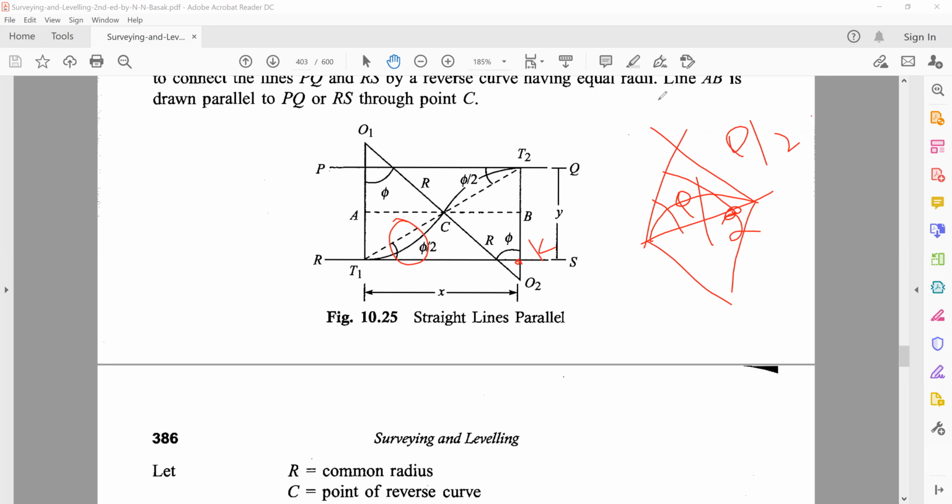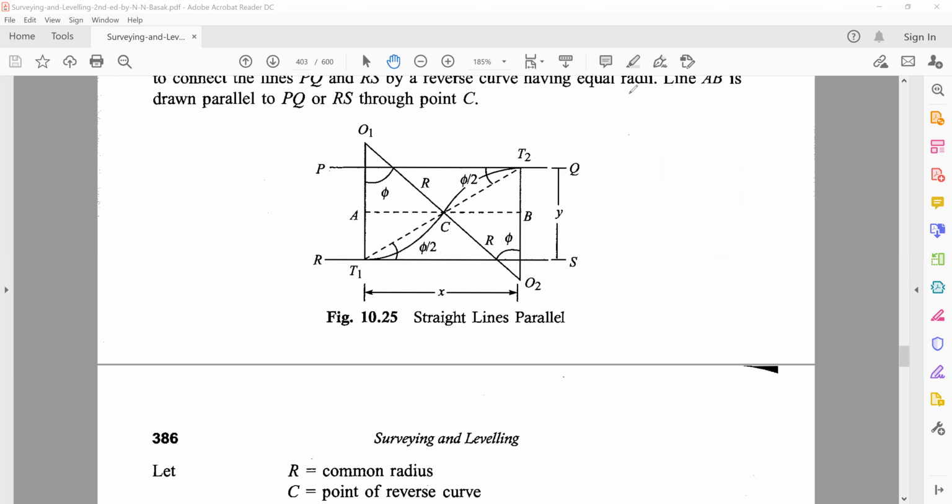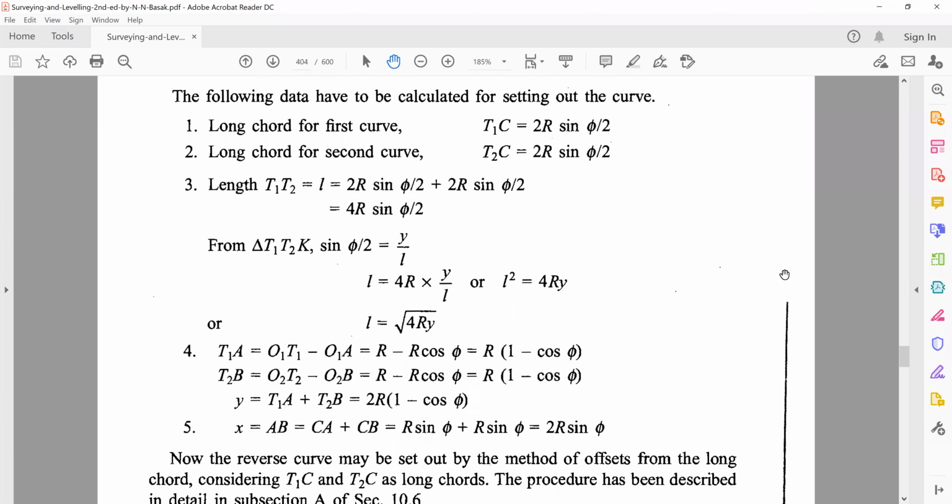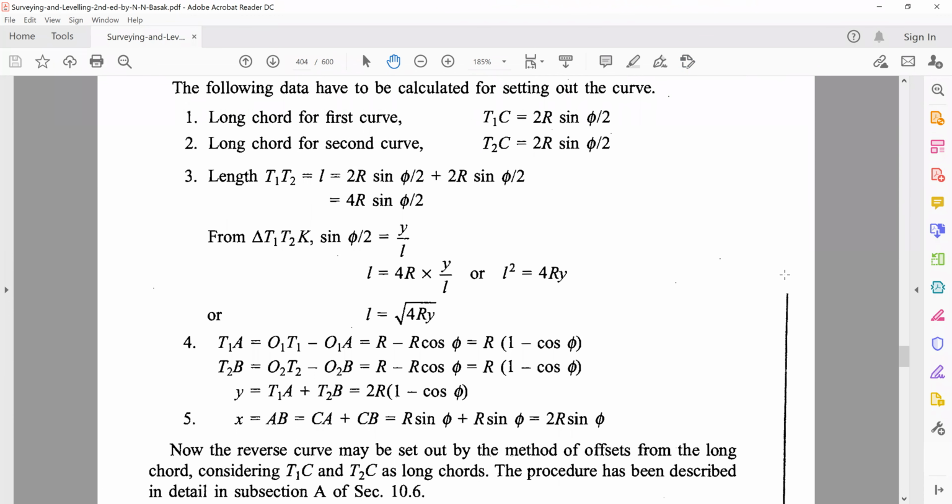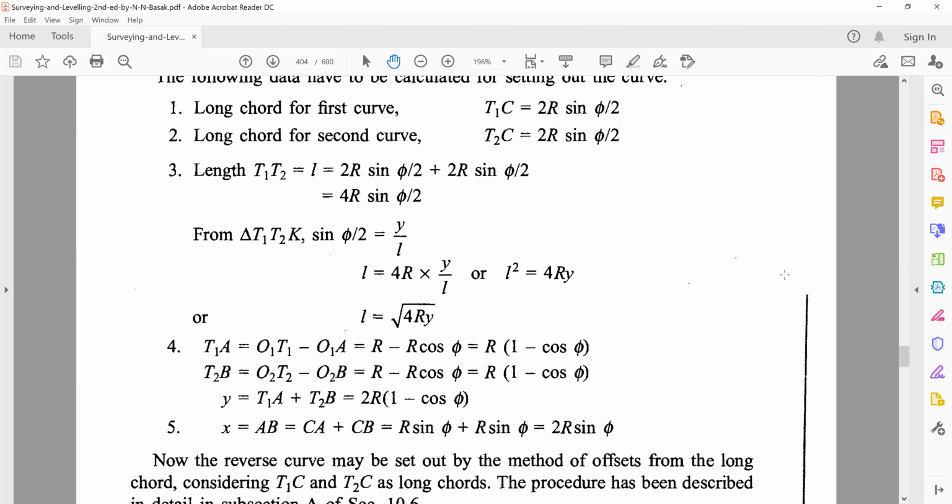So over here, if you apply the relation for sine, sine phi by 2 would be equal to this value y over here, perpendicular, divided by hypotenuse, which is equal to L. And if you replace the value of sine phi by 2 in the equation above, which is the length T1T2 equal to 4r sine phi by 2, you get an equation: L is equal to 4ry over L, or L square is equal to 4ry, or the length of the two long chords added is equal to under root 4 times the radius of the curve and y, which is the vertical distance.